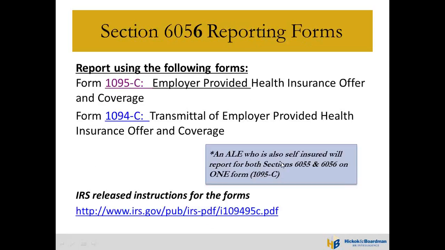Well, sorry about that. So an applicable large employer who is also self-insured will report for both sections on one form.